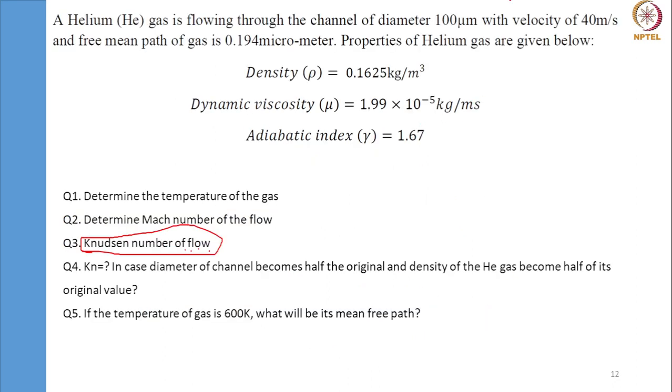So initially the temperature of the helium gas was 300 Kelvin, that we came to know from this numerical. So if the temperature of helium gas is raised to 600, what will be its mean free path?